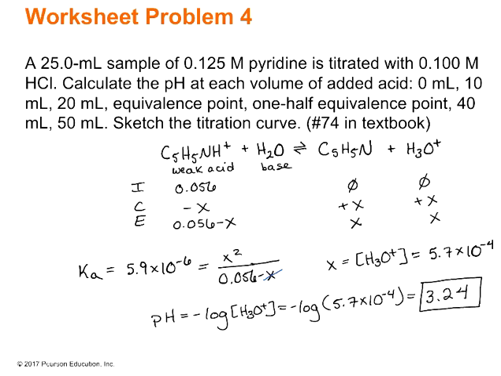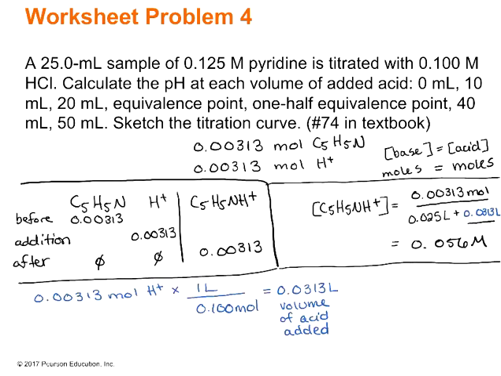And that's why we had to go through the process of writing an ice table and then figuring out, okay, how many hydronium ions are going to be produced by the presence of this weak acid. So again, the steps here, we started by determining how many moles of acid are needed to completely neutralize, I guess quote unquote neutralize, the weak base.